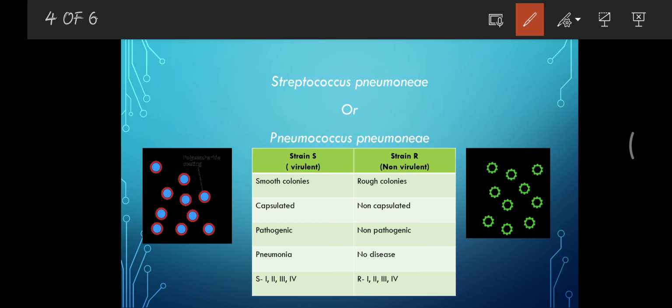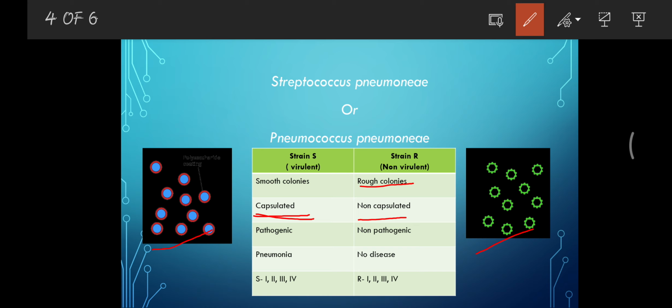Strain S produced smooth colonies on agar, and strain R produced rough colonies on agar. Strain S was capsulated, as shown in the figure, and strain R was non-capsulated, that means they do not produce capsules over their cell membrane.